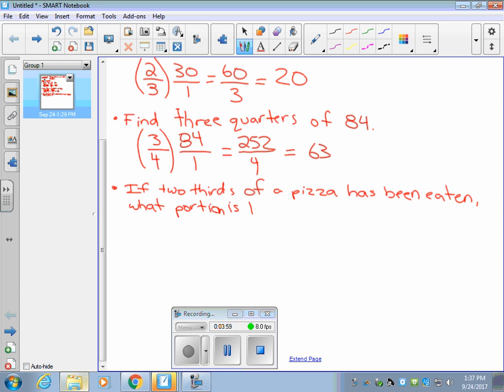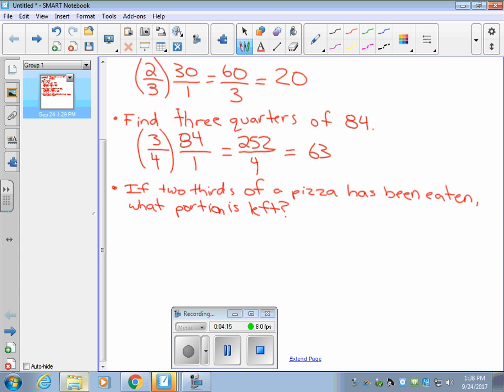So 2/3 of a pizza has been eaten, 1/3 portion is left. Some of you might be able to look at that and know the answer right away. However, let's figure out how to find that out algebraically.